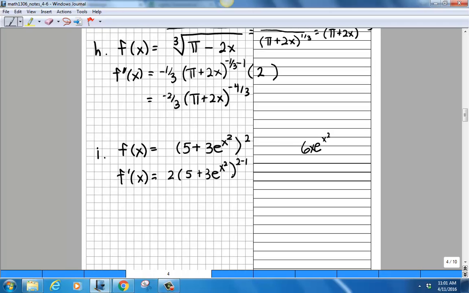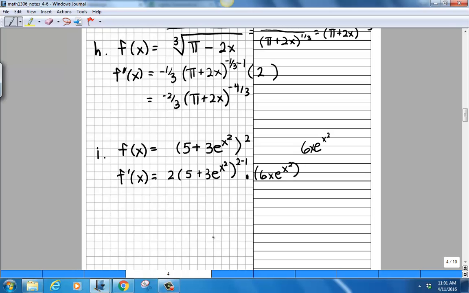So all you have to do, Letitia, is just do what? Multiply, right? So just write it down and multiply in 6x e to the x squared.